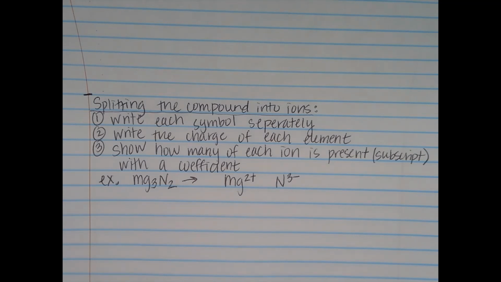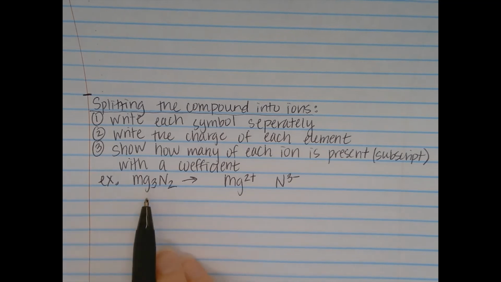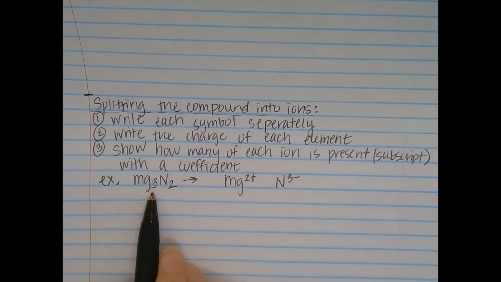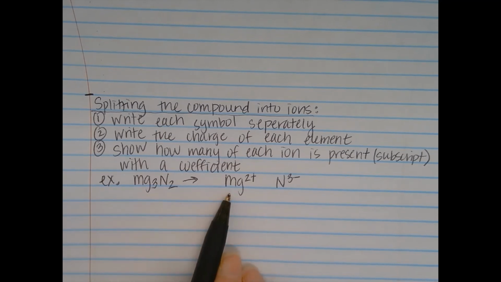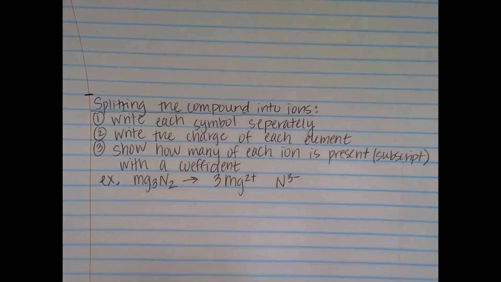Step 3, show how many of each ion is present, meaning it's coming from the subscript, as a coefficient. So in the compound, the Mg3, doesn't this 3 mean that I have 3 magnesiums? So over here with my ion, I have 3 Mg2 pluses. I'm pulling that subscript and putting it as a coefficient because that tells me how many there are.